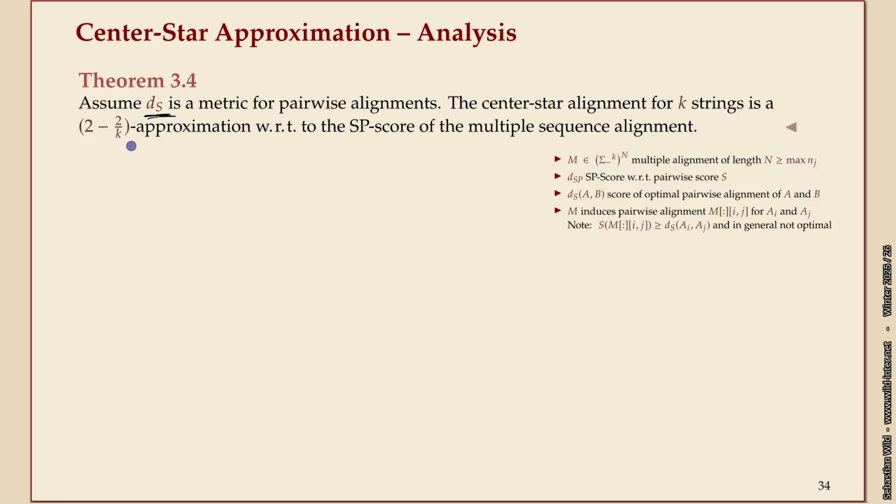And then we'll show the following. So we have some optimal multiple sequence alignment, and we have the thing that our algorithm computes, the center star approximation. Let's call it alignment.